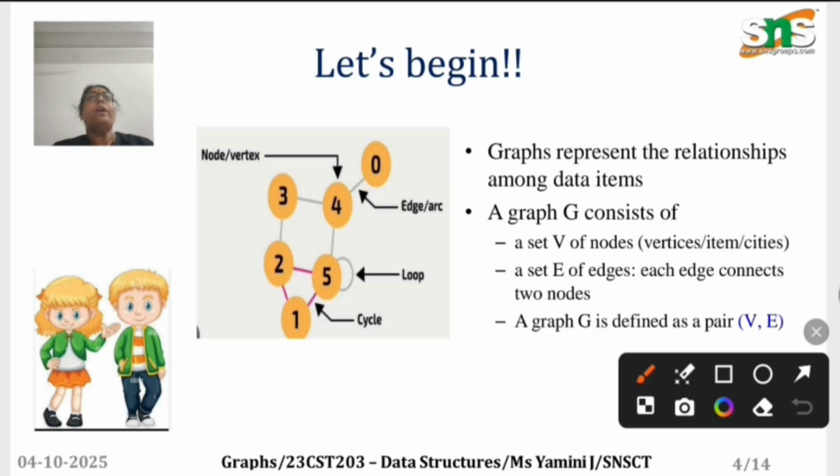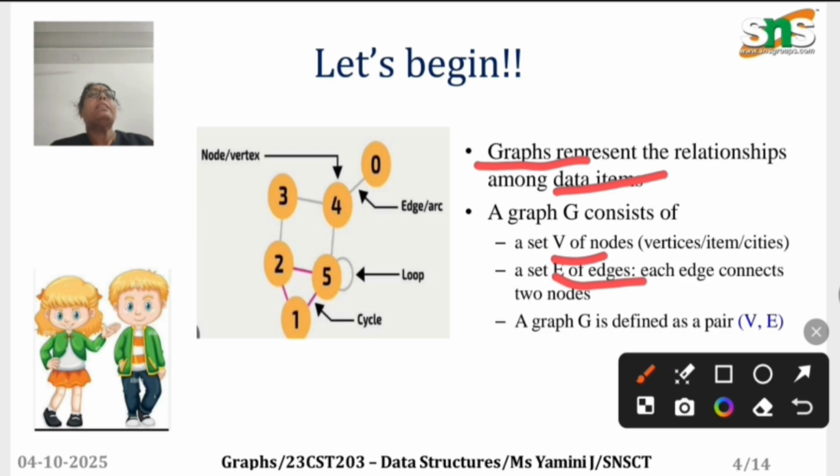Next one, so what exactly is a graph? A graph represents a relationship among data items. It consists of a set of vertices and a set of edges connecting those vertices.